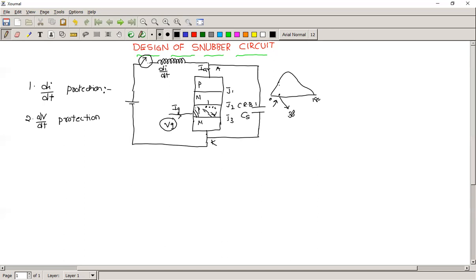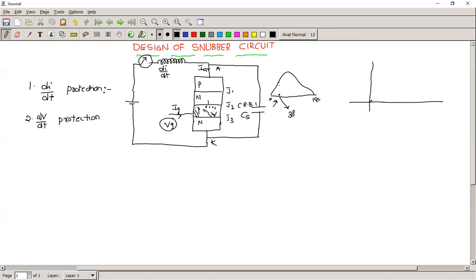So whenever we connect a capacitor here, what happens? If you close the switch, initially the capacitor acts as a short circuit, so the voltage across the capacitor will be 0. The capacitor does not allow a sudden change in voltage.